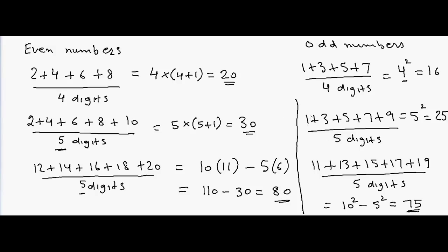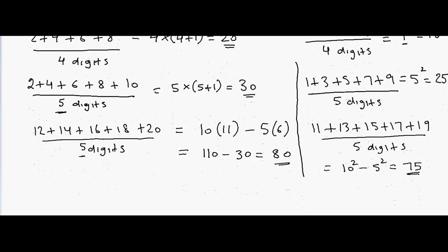So you can see that this is how you can add numbers in series. Now what about adding any numbers in the series? Suppose I have 1 plus 2 plus 3 plus 4 plus 5 plus 6 plus 7, and I want to add them together.